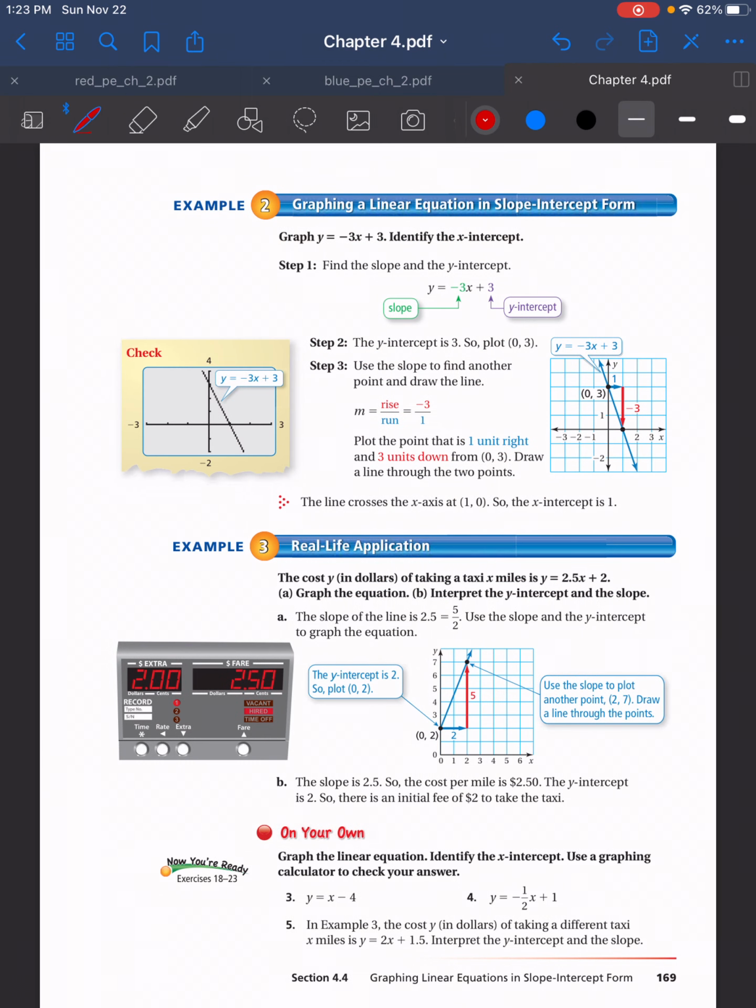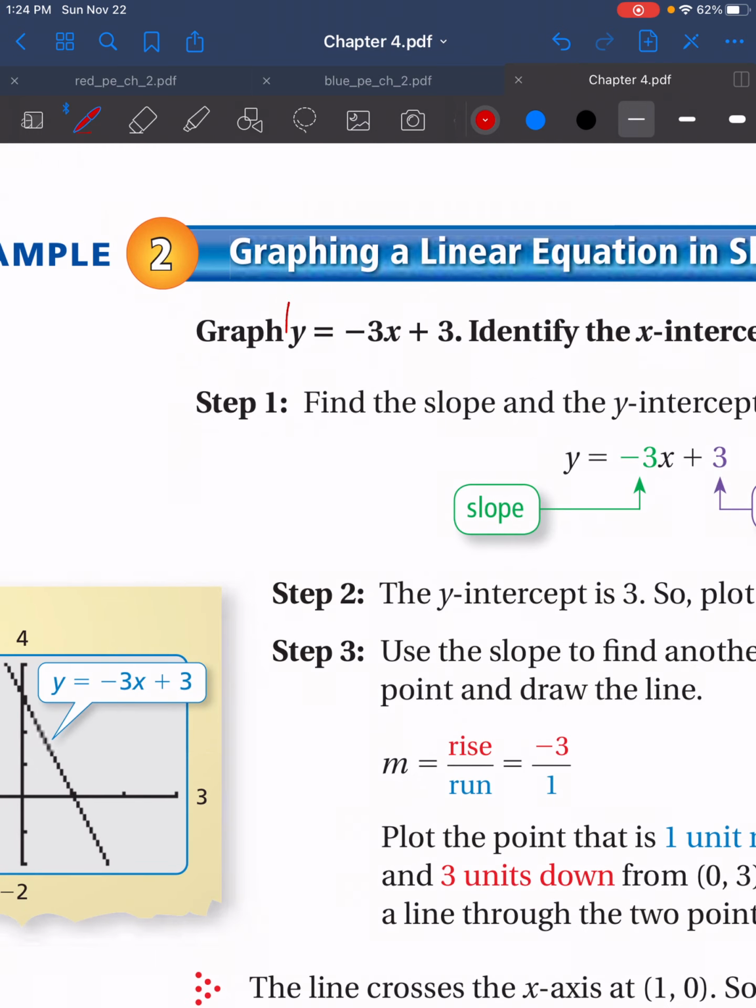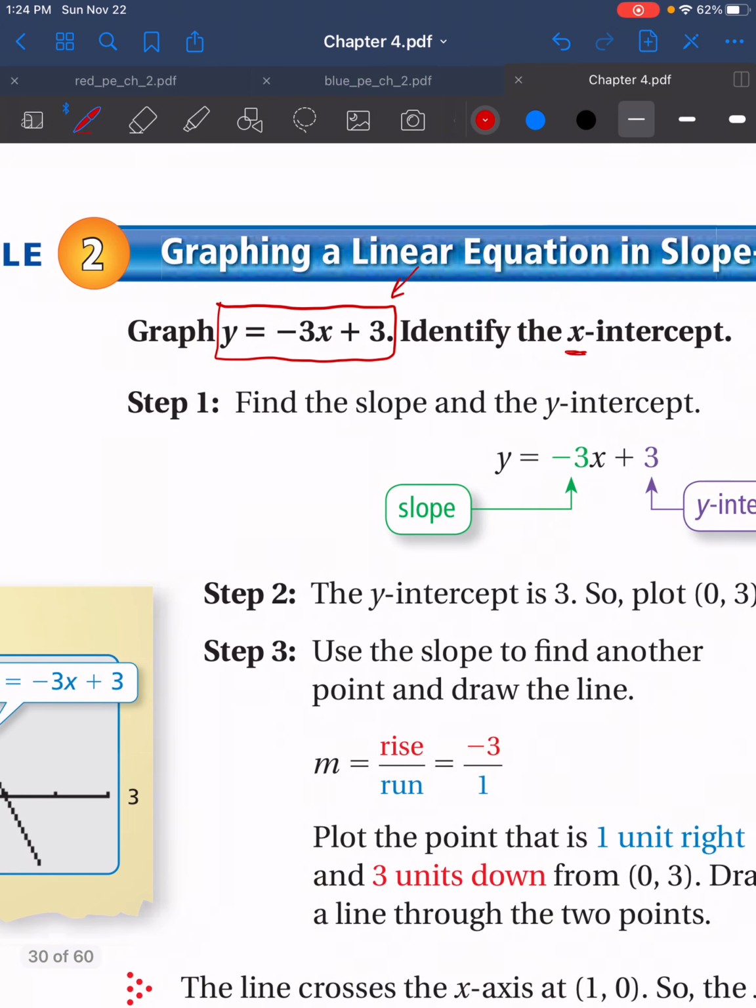Example number 2 on page 169, it looks like it's pretty easy. What they want you to do is identify the x-intercept, though. So they give you this equation, but they say, what is the x-intercept? Now guys, y equals mx plus b, there is no x-intercept in that, that's the y-intercept. But what you could do is you can graph it, okay?